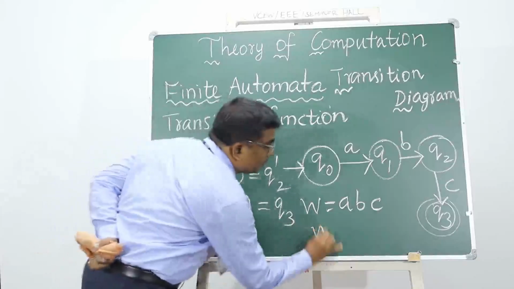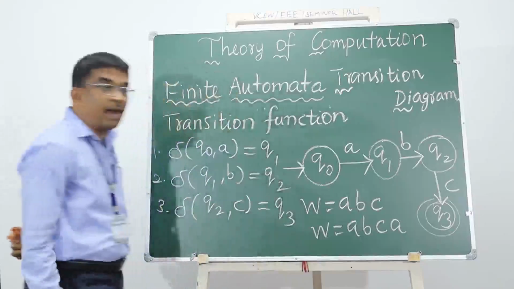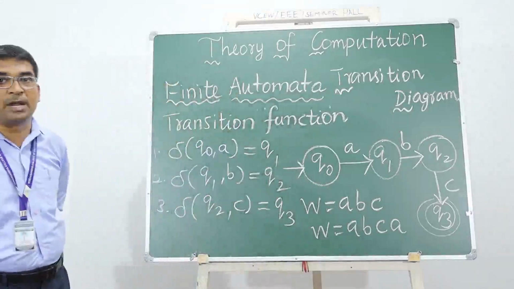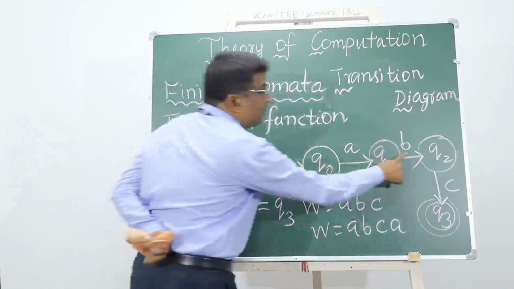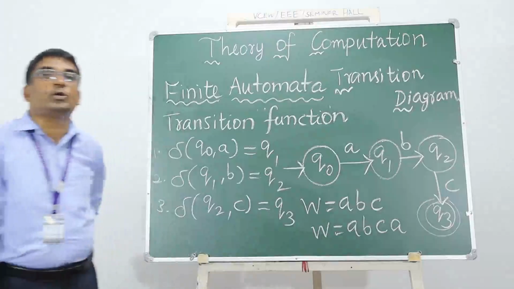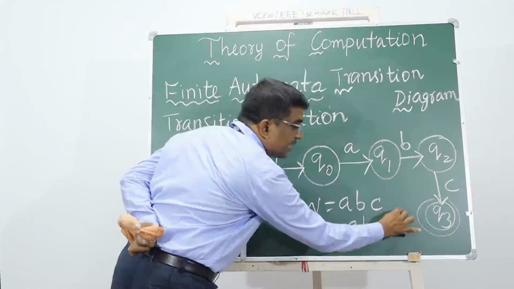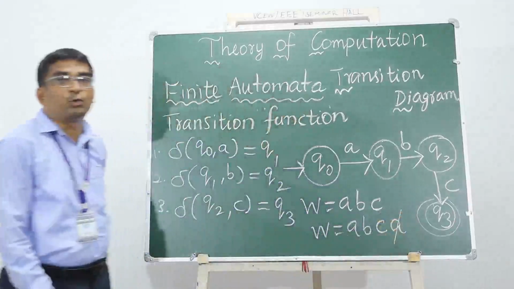Suppose w equal to abca; that is not recognized, because after abc we reach the final state and there is no further transition, so I cannot give this a as one more input symbol.